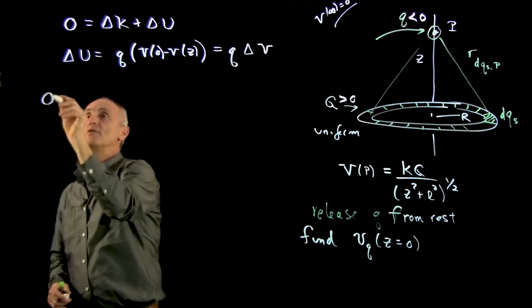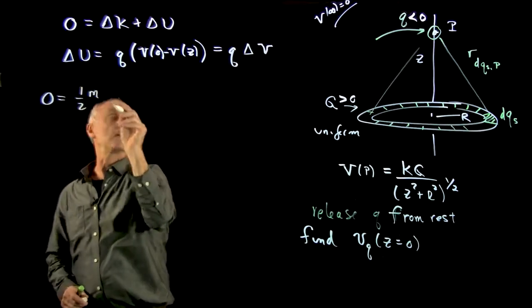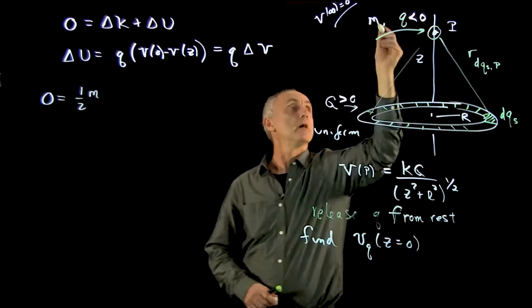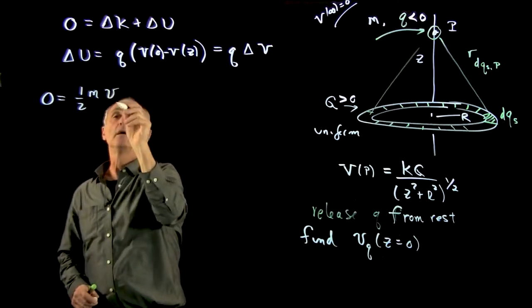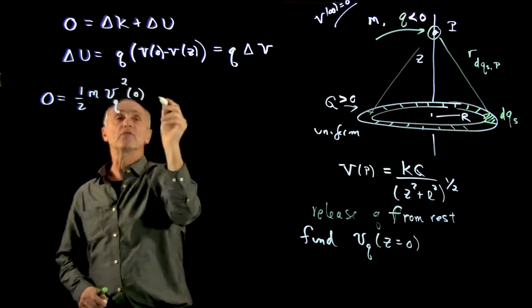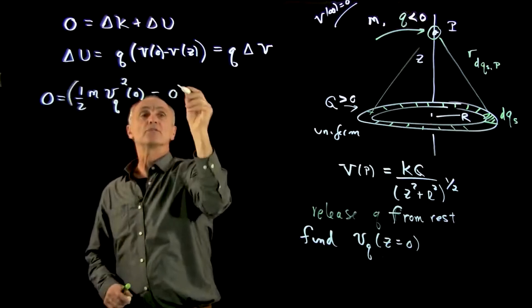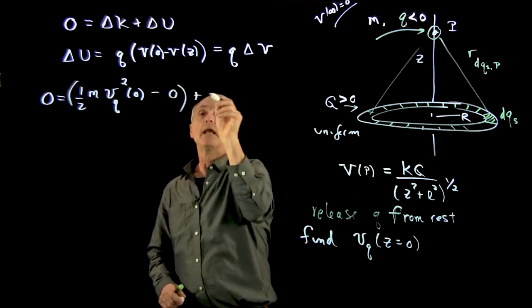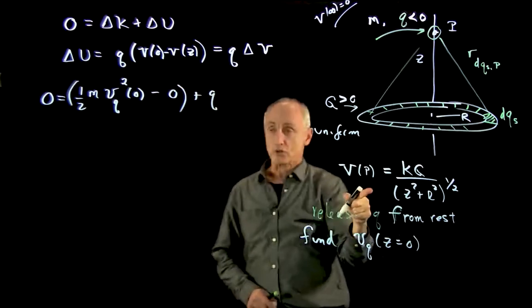And so what we have is 0. Well, we have the kinetic energy of the particle. Let's say it's mass m. And it's going at some speed, Vq squared, when it gets to the origin. That's its final kinetic energy. It was released from rest. That's its initial kinetic energy. And now let's write down these two functions for our potential.